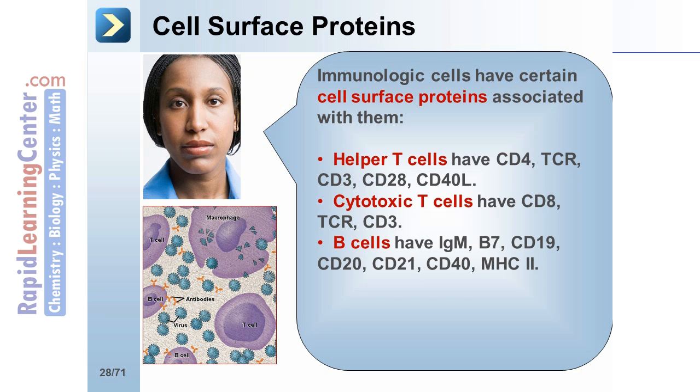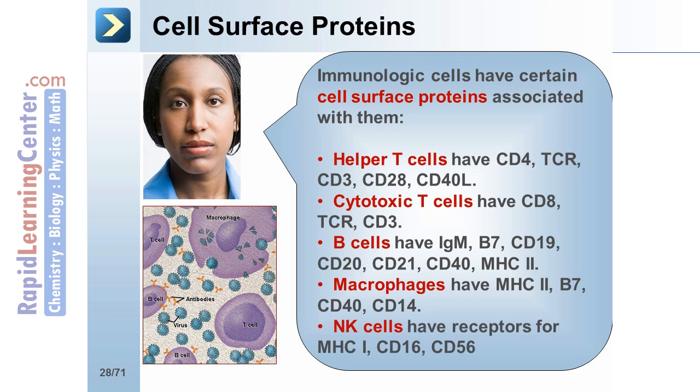B cells have IgM, B7, CD19, CD20, CD21, CD40, and MHC2. Macrophages have MHC2, B7, CD40, and CD14. Finally, NK cells have receptors for MHC1, CD16, and CD56.